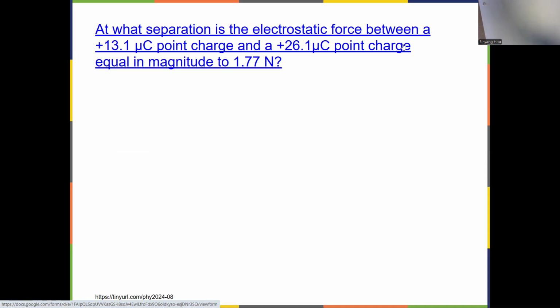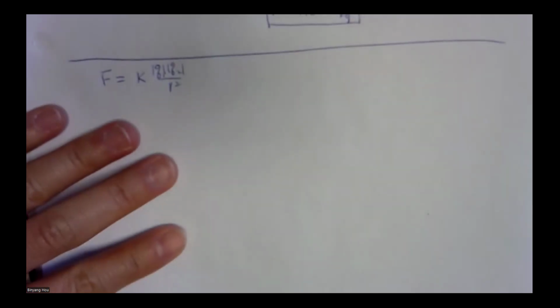The force and the charges are given. From Coulomb's law, F equals K Q1 Q2 over R squared, using absolute values of the charges, but since they are both positive you don't necessarily have to use the absolute sign.